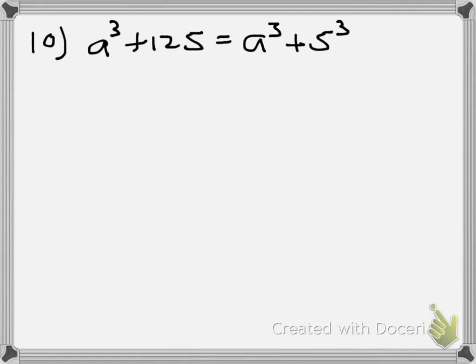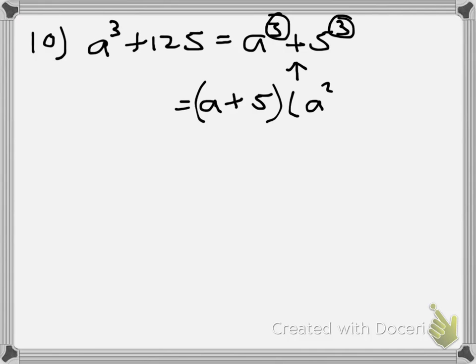Now we have a sum of 2 cubes. So that's going to simply be a plus b and a squared minus ab plus b squared, which is 5 squared, which is 25.